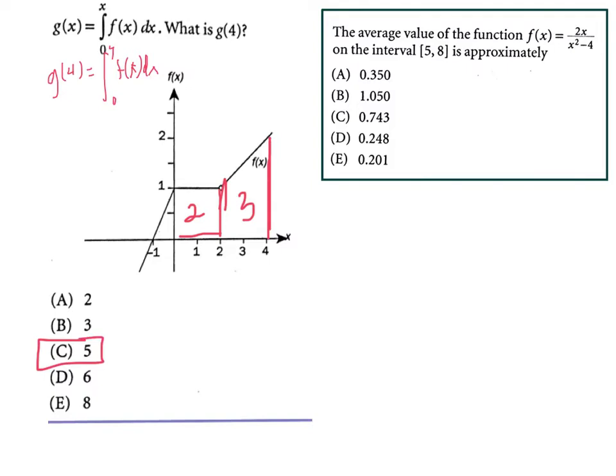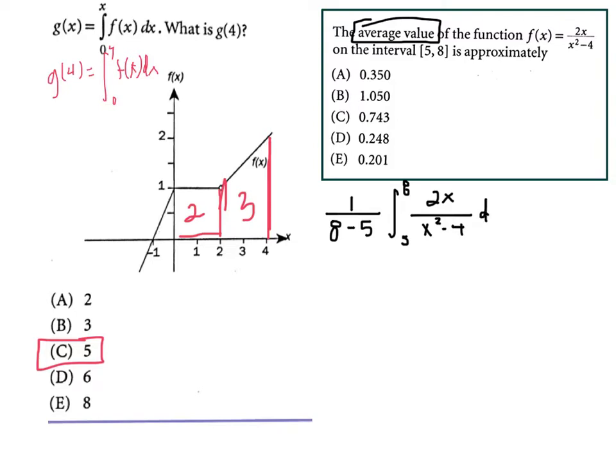Next, the average value of a function is approximately what? I just really wanted to remind you how to do average value again. Remember, this is the 1 over b minus a, so for us it'll be 1 over 8 minus 5 times the integral from 5 to 8 of 2x over x squared minus 4.